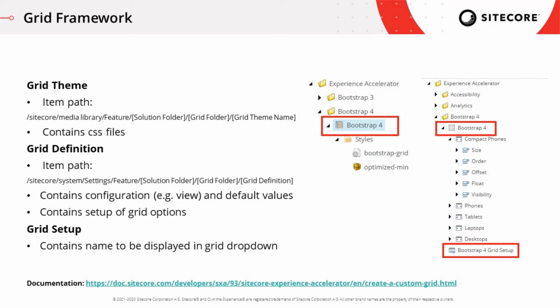So as you can see here, we have the compact phones and we have the phones and tablets and laptops and desktops configured, but you could also change that. If you need to change that, you would rather create your own grid theme and therefore also your own grid definition item and perform whatever changes you need to perform. So in each of those device items here, you will find all the other settings that you can do, setting, for example, the size of the component.